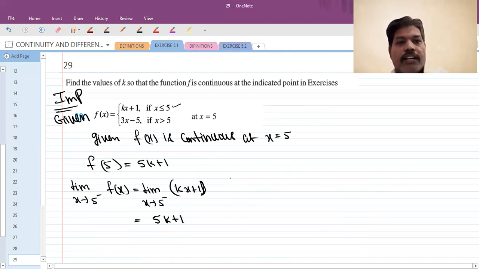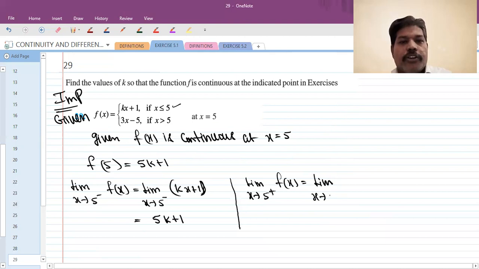Similarly, you can calculate the right hand limit also. What is the right hand limit? Limit as x extends to 5 plus of f of x. 5 plus means x is greater than 2, and if x is greater than 2, then the f of x value is 3x minus 5.